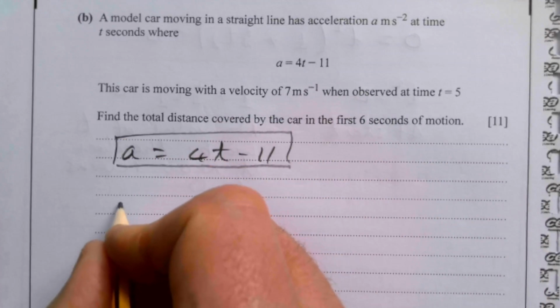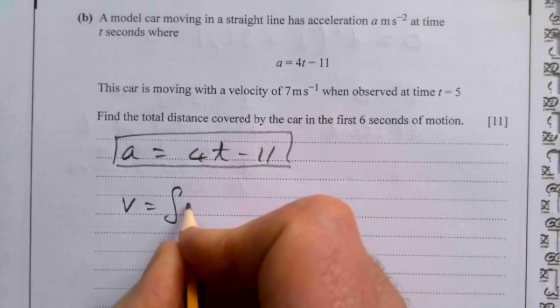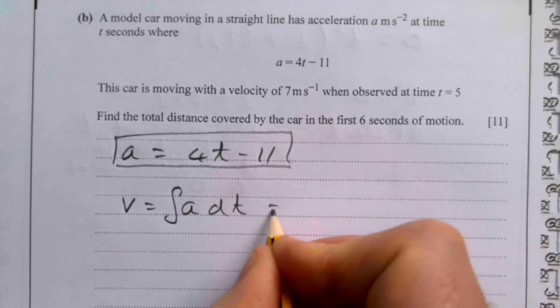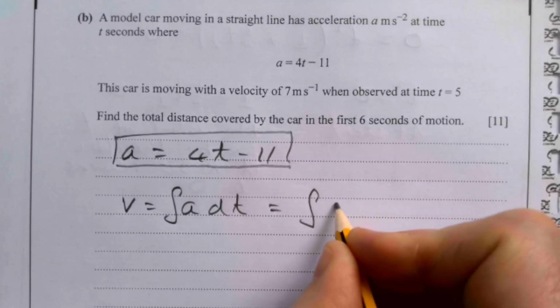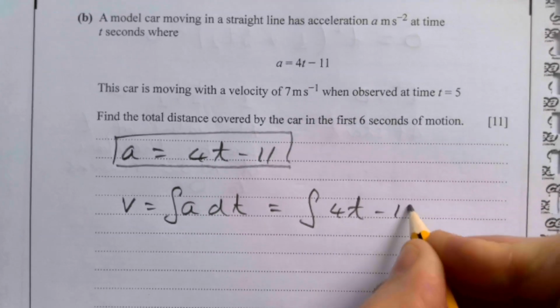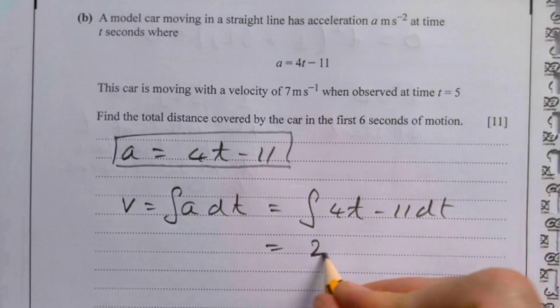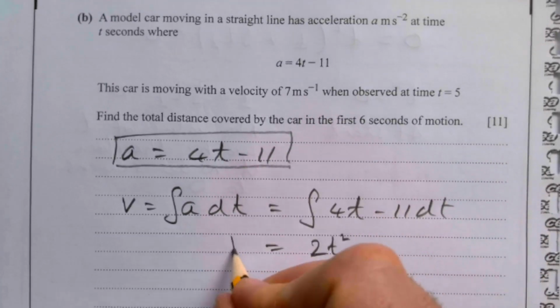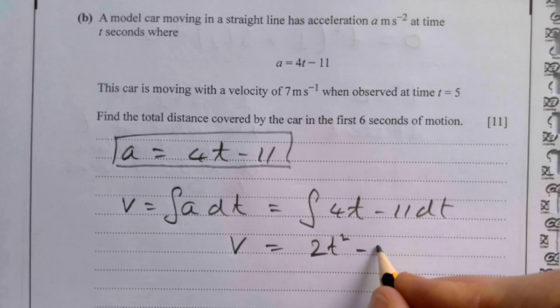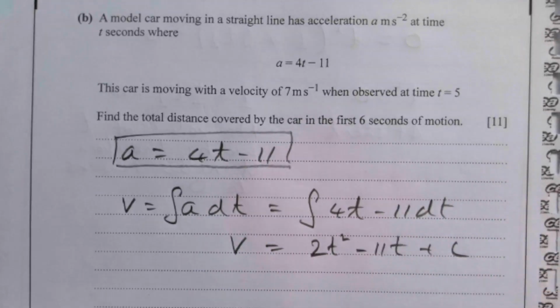So the value for v is going to be the integral of a dt. That's the integral of 4t minus 11 with respect to t. Add 1 to the power, divide by the new power, so 2t squared, so v is 2t squared minus 11t plus c.